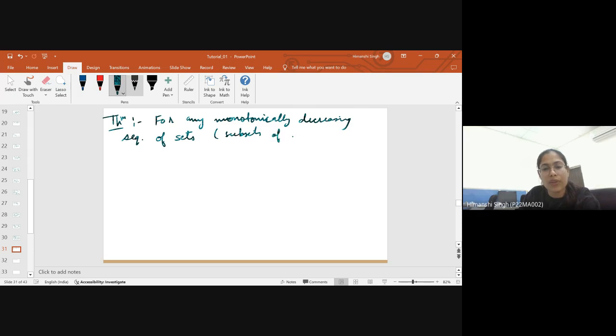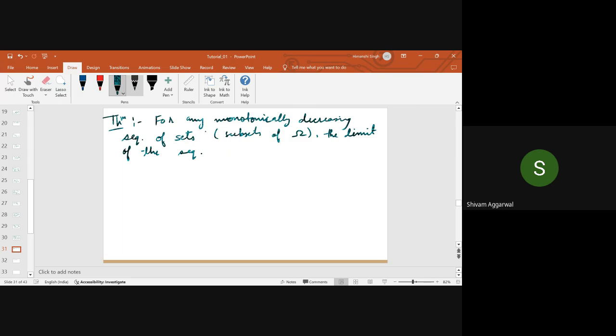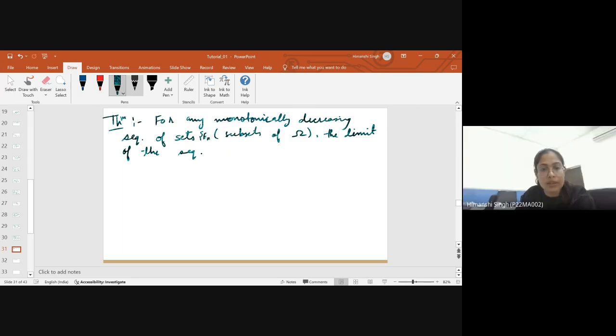This is not a very precise statement, I'm just stating it. You must have written it yourself when sir discussed it. So for any monotonically decreasing sequence of sets which are subsets of omega, the limit of the sequence En goes to the intersection of the Ens.